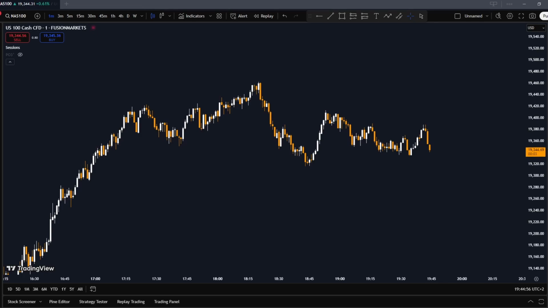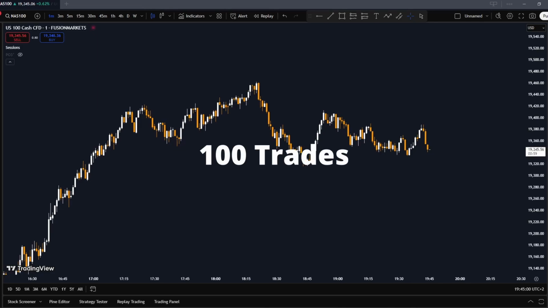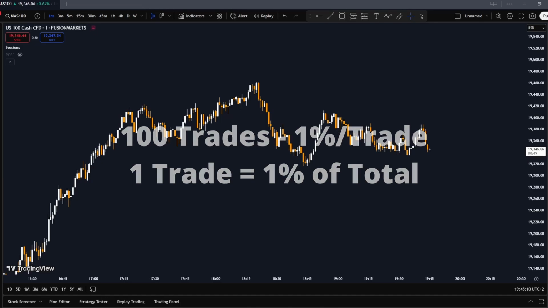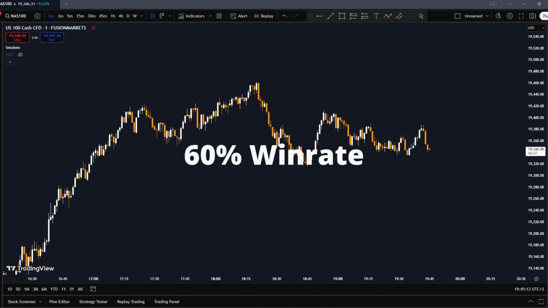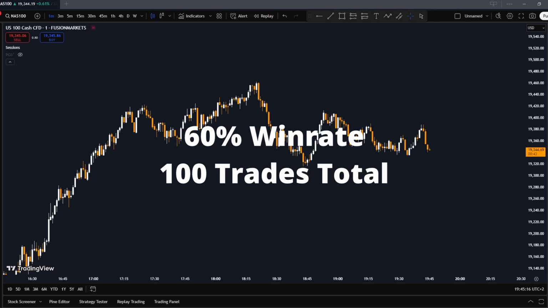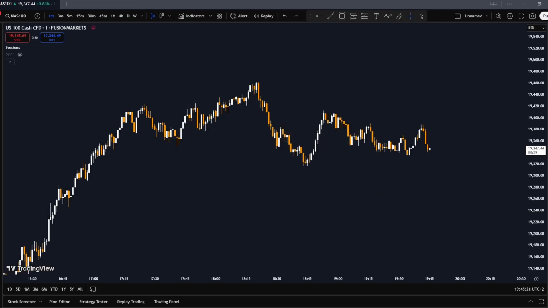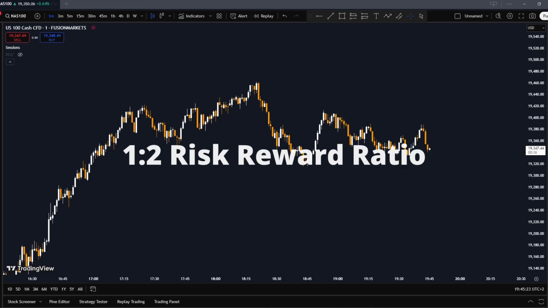For the simplicity of the example, we will use 100 trades, so each trade can represent a nice, even 1% of our total trades and make up the win rate in a 1-to-1 ratio. So, let's say you have a 60% win rate, meaning out of our 100 example trades, you statistically should win 60 and lose 40. If you now have a 1-to-2 risk-to-reward ratio, simply multiply them in this manner.